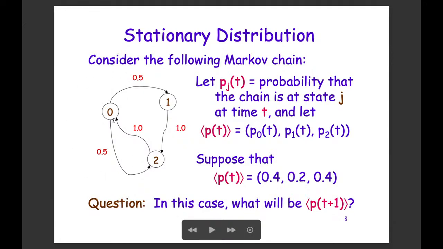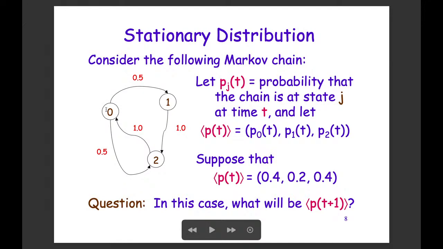Now suppose that at a certain time, we find that there is 0.4 chance you are at this state, 0.2 chance that you are at this state, and 0.4 chance that you are at this state. 0.4, 0.2, 0.4. So what will happen after one more step?